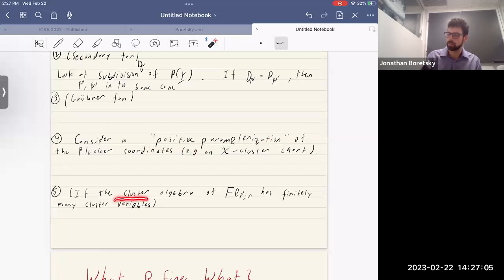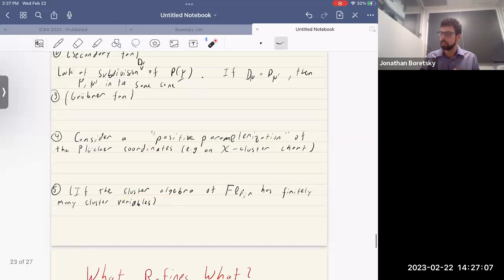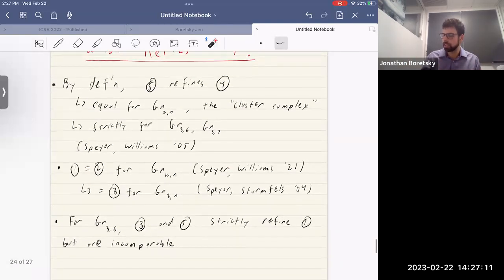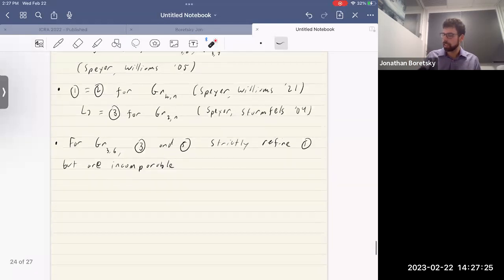And then there's this more clustery one if you happen to have a cluster algebra. But yeah, so 1 and 2 agree for the Grassmannian, and the Gröbner fan and this kind of clustery one strictly refine this secondary fan / Plücker fan, which coincide, but they are themselves incomparable. That's the Grassmannian case.